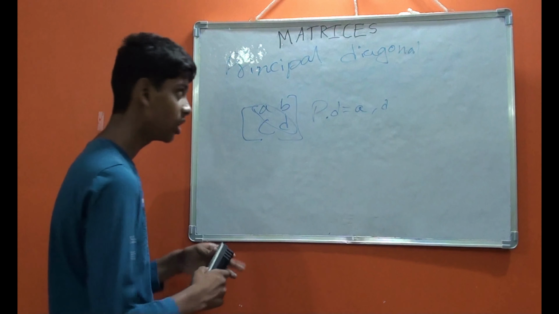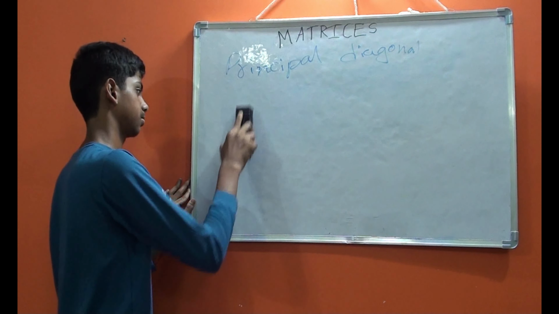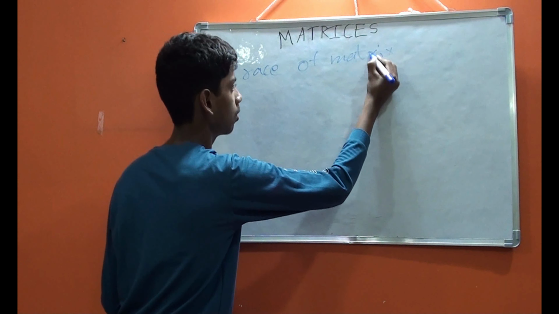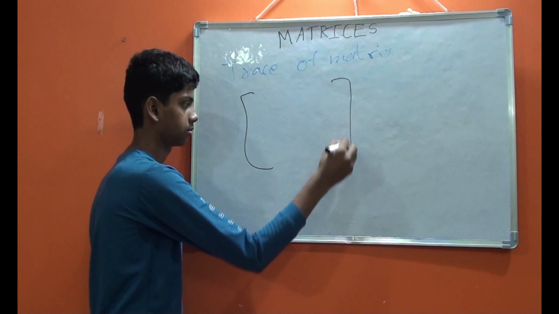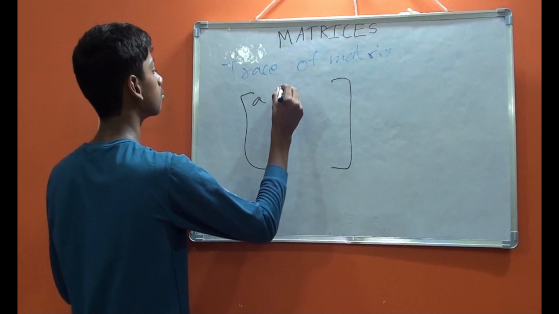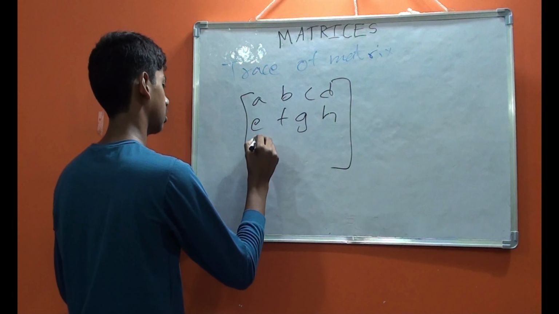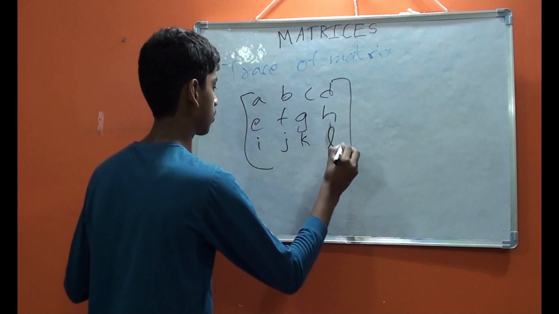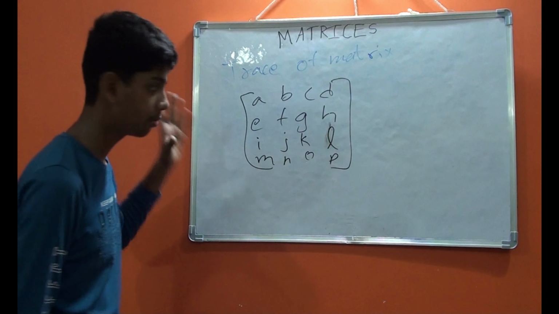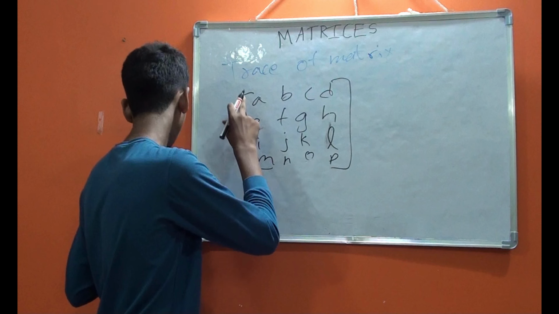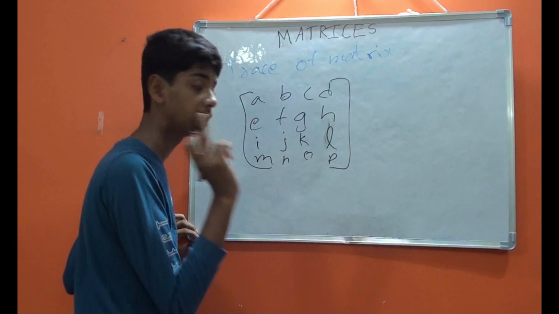Similarly, now let's learn about the trace of a matrix. Let's take a square matrix: A, B, C, D, E, F, G, H, I, K, M, N, O, P. This is the square matrix. To find the trace of a matrix, we should first find the principal diagonal.